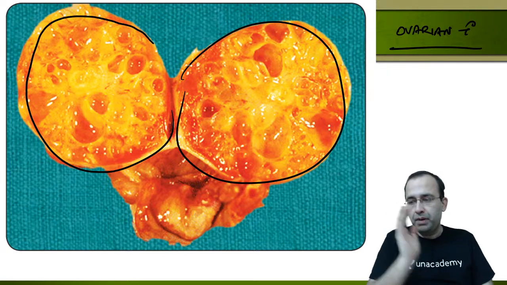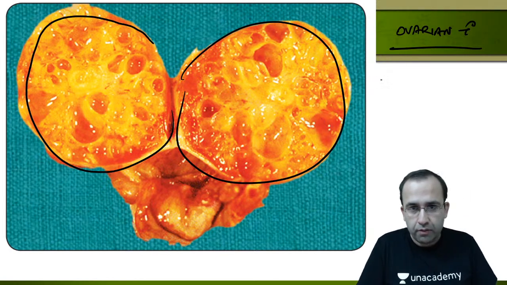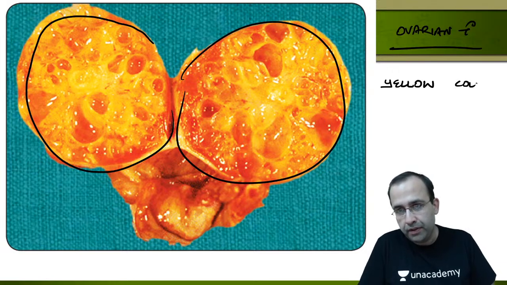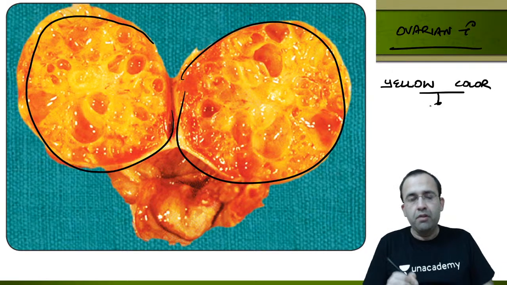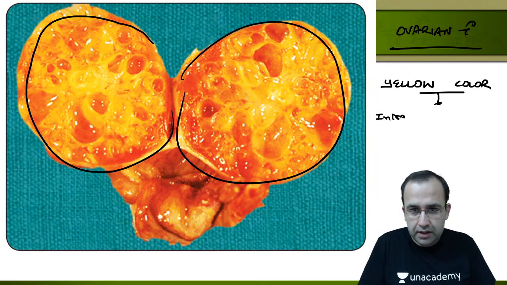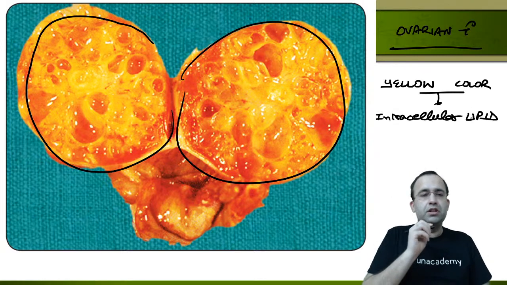I mean, what would be more bright yellow than this? So what you have here is a yellow color given to the ovarian tumor because of the presence of intracellular lipid. This is a characteristic gross image.